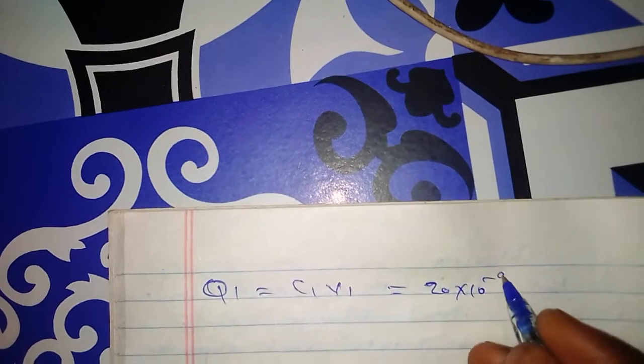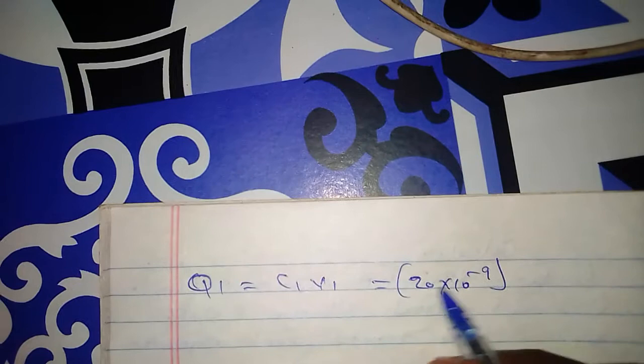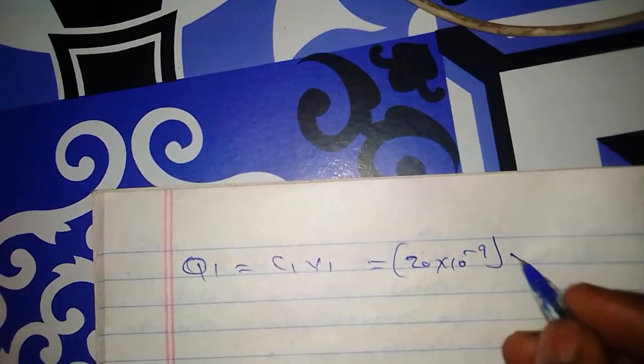So here Q1 is equal to C1 V1, whereby C1 is equal to 20 times 10 raised to the power minus 9, that is 20 nanofarad, times 6 volts.